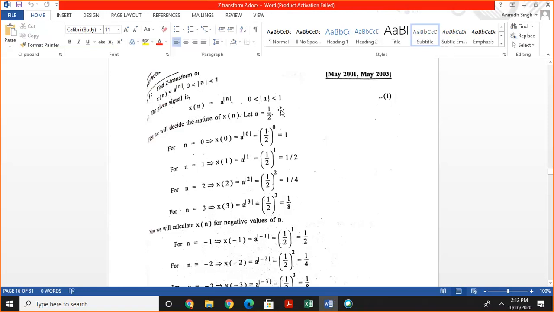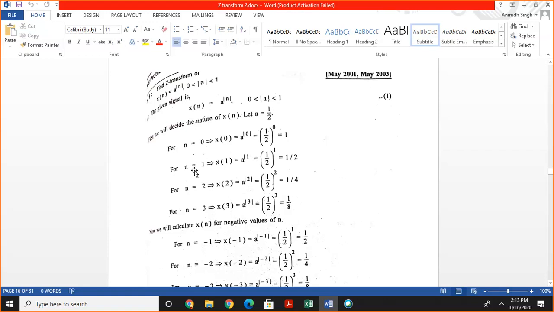So the given signal is this, and first we decide the nature of this sequence x of n. Suppose a is half. Then when we put n equal to 0, x of 0 is equal to a raised to the power absolute value of 0, or half raised to the power 0, which means 1.